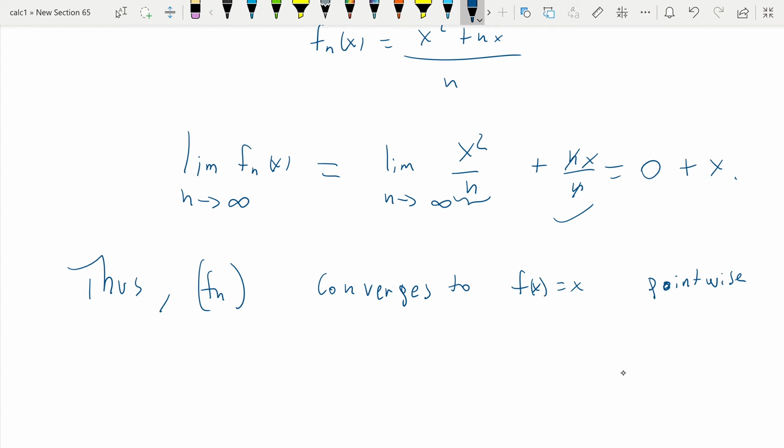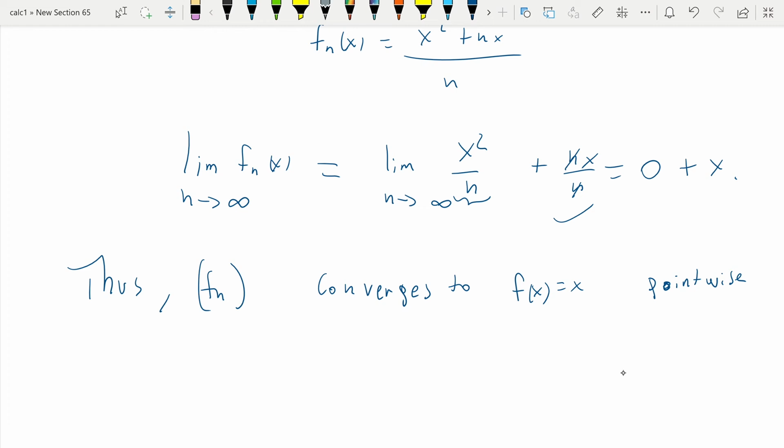So by this, I mean, why did I make this distinction? Why did I take away the argument inside the sequence? Because that wouldn't be telling us anything. We already computed the limit of fn of x for any given x, and we obtained x.